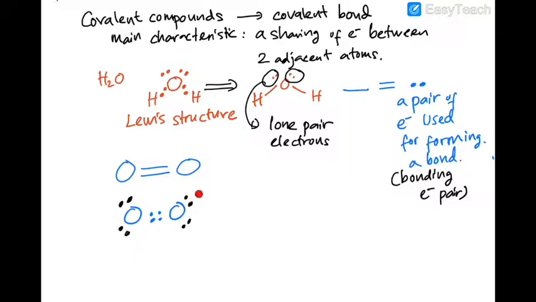So this one is the lone pair, and we have, in this case, 2 bonds. 2 bonds, meaning there are 4 electrons used together in a shared manner between this oxygen and the other oxygen. And this is the hallmark of covalent compounds.